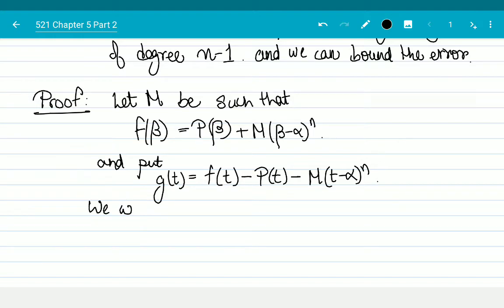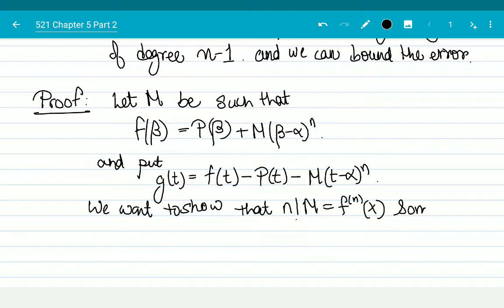We want to show that n factorial times M is equal to the nth derivative of f at some x belonging to (alpha, beta).